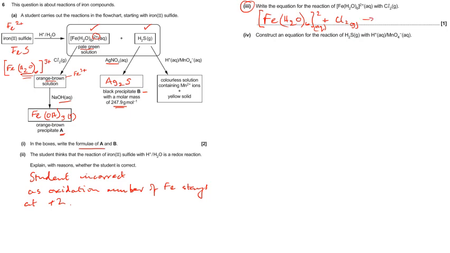And we know we've got an orange-brown solution, so we've got still hexaaqua, but we've got 3+, and the electrons that were with the iron ions are now with 2 chloride ions.